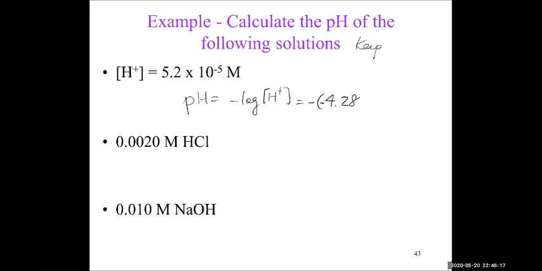So here I round off. Final pH 4.28. So if you have the H plus, you just solve it like that.